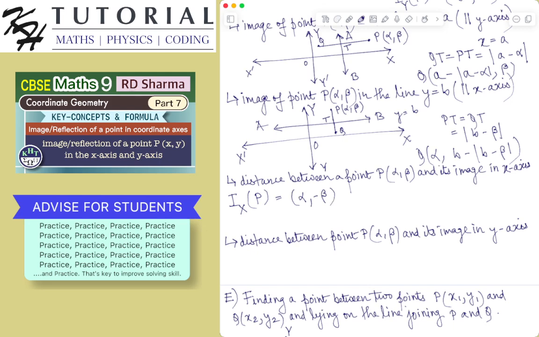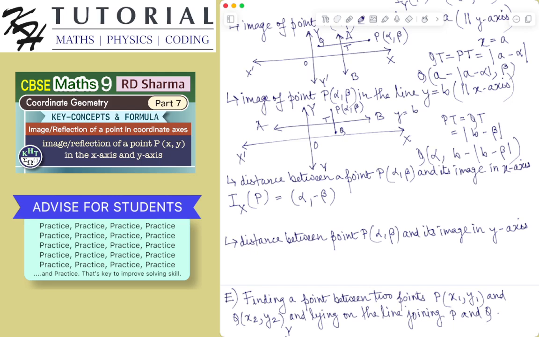Okay. So we know the point P is alpha comma beta, and its image in the x-axis is alpha comma minus beta. So what is the distance between the point P and its image? That is the point alpha comma beta and the point alpha comma minus beta.